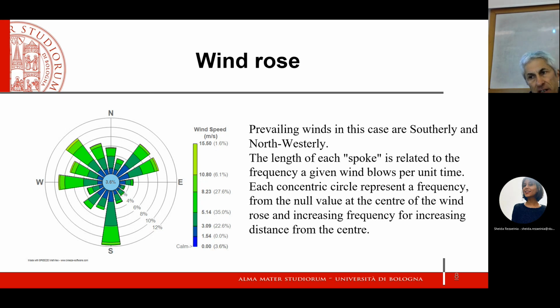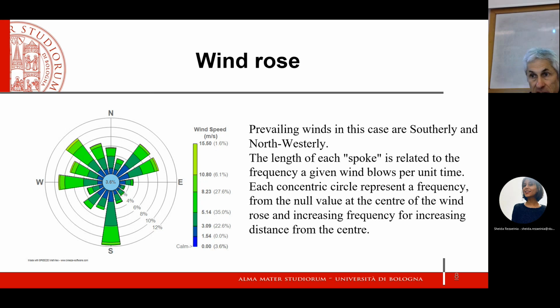And then you see that there are circles corresponding to 2, 4, 6, 8, 10, and 12%. So if I go in the south direction, let's forget about the 3.6, okay? This is the zero. And then I have an additional 2% with wind between 0 and 1.54 meters per second.